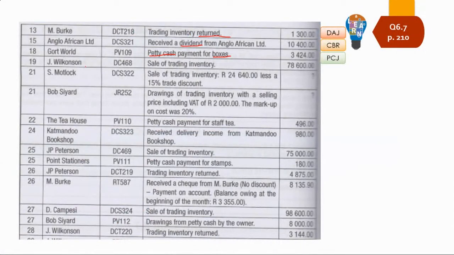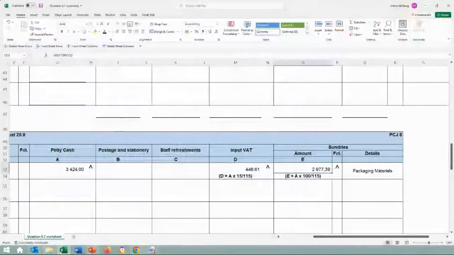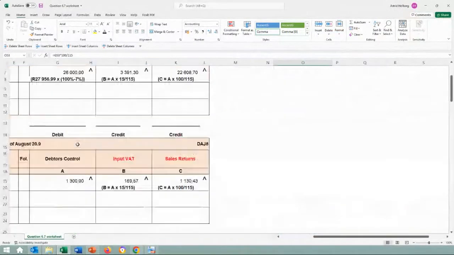Okay, then J. Wilkinson, DC468, sale of trading inventory. So we know it's a credit sale for 78,600. So credit sales go to your debtors journal. Let's go fill in the debtors journal.